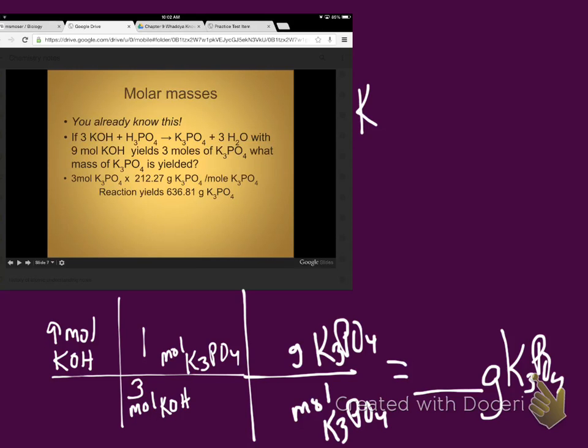To figure out potassium phosphate, you've got your periodic tables out. Potassium is what, 39.1? What's phosphorus? Who's got phosphorus?